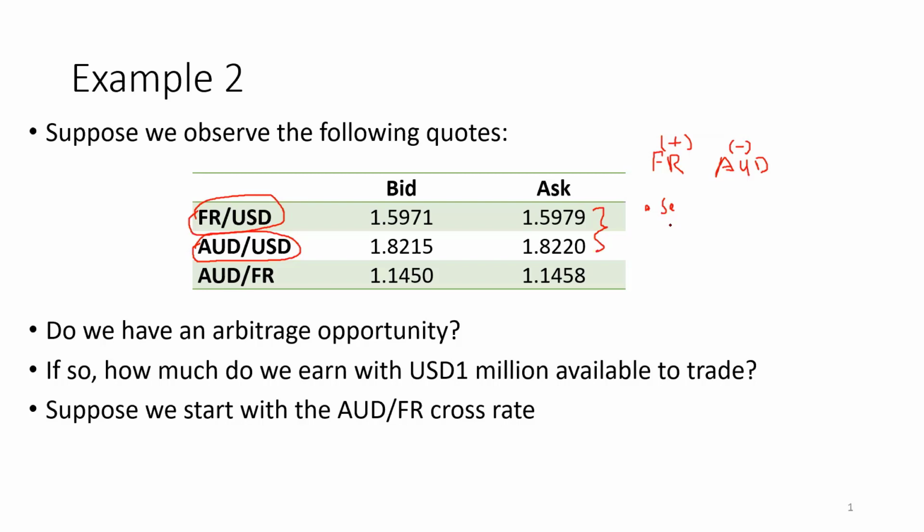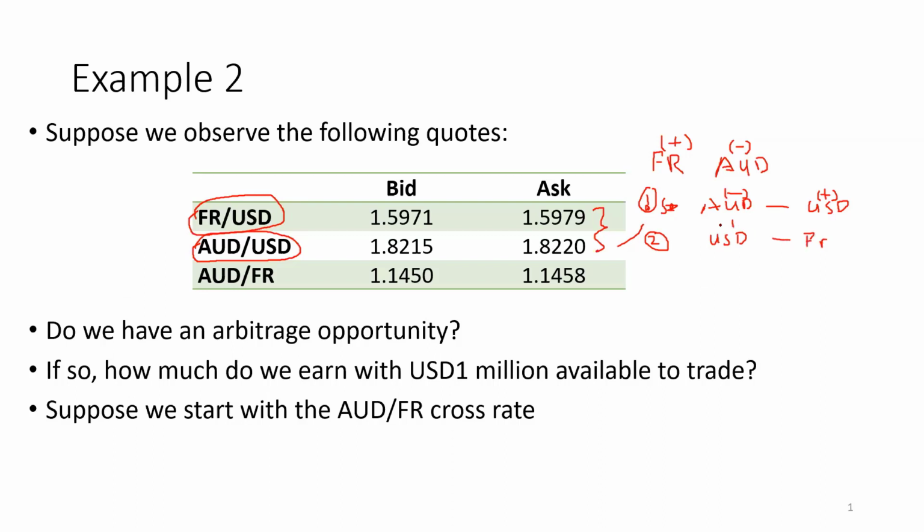If I do that through the first two banks, effectively I'll first exchange the Australian dollars for the USD from the second bank. So I'll be selling the Australian dollars to acquire the USD. Second, I will take the USD I got from the first step and use that to exchange for the franc.